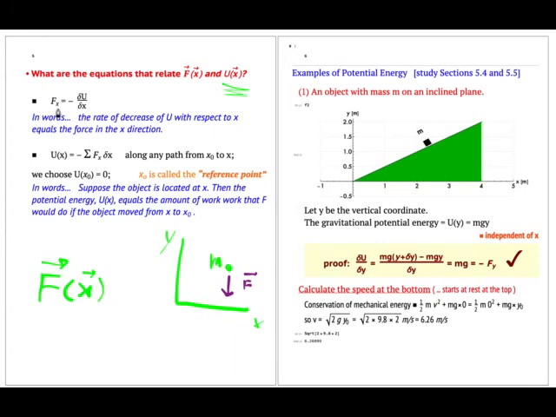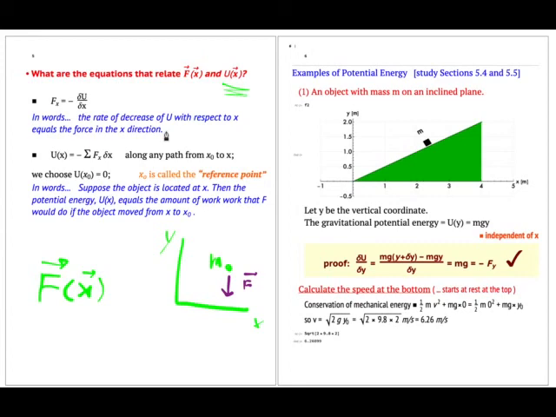The force in the x direction, the x component of the force, is the negative of the rate of change of potential energy with the x coordinate. So, in words, because of the minus sign, it's the rate of decrease of u with respect to x that is equal to the force in the x direction.